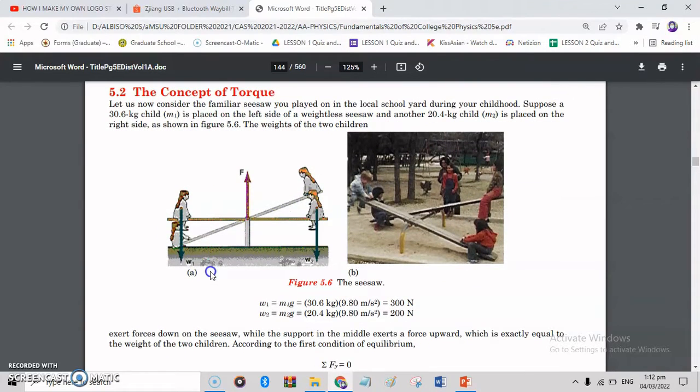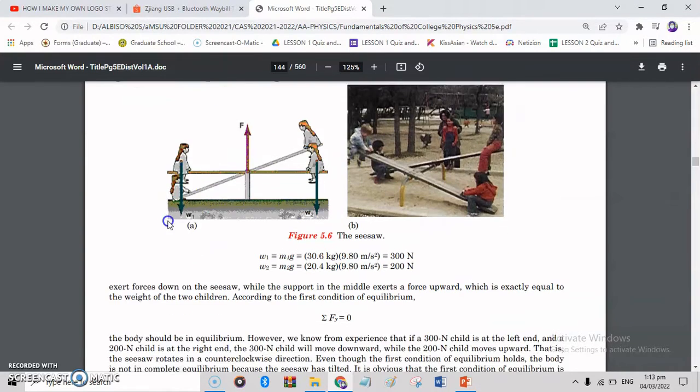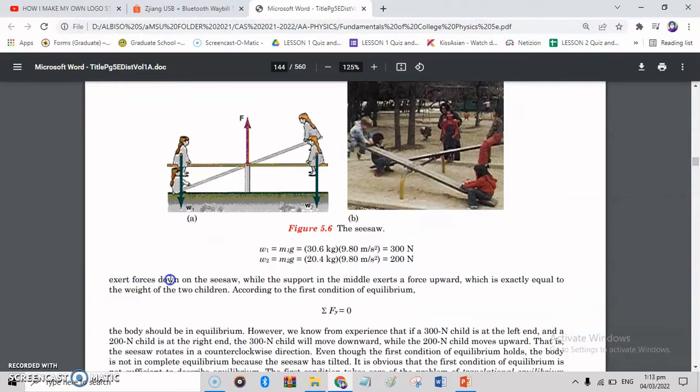So what are their weights? Simply multiply each of their masses to the gravity, which is this. So, weight 1 is 300 Newton and weight 2 is 200 Newton. Obviously, mas mabigat si weight 1 or si child na nasa left. Okay? So, exert forces down on the seesaw while the support in the middle exerts a force upward.